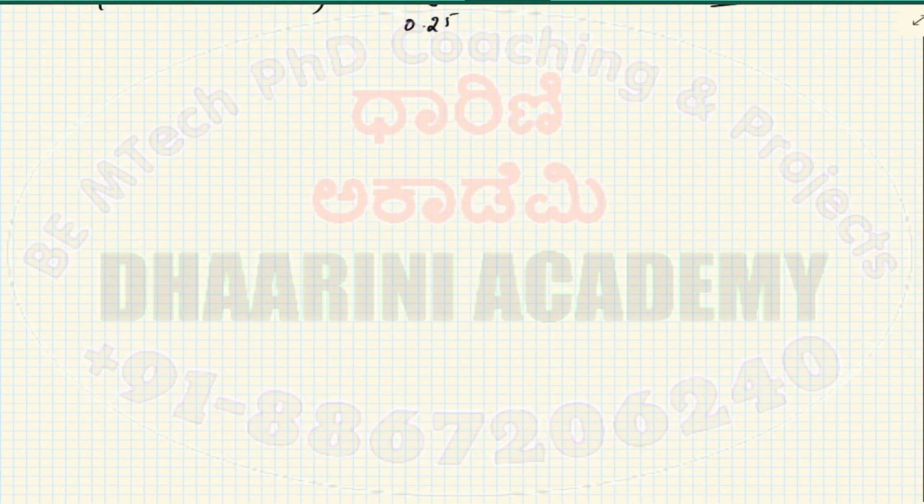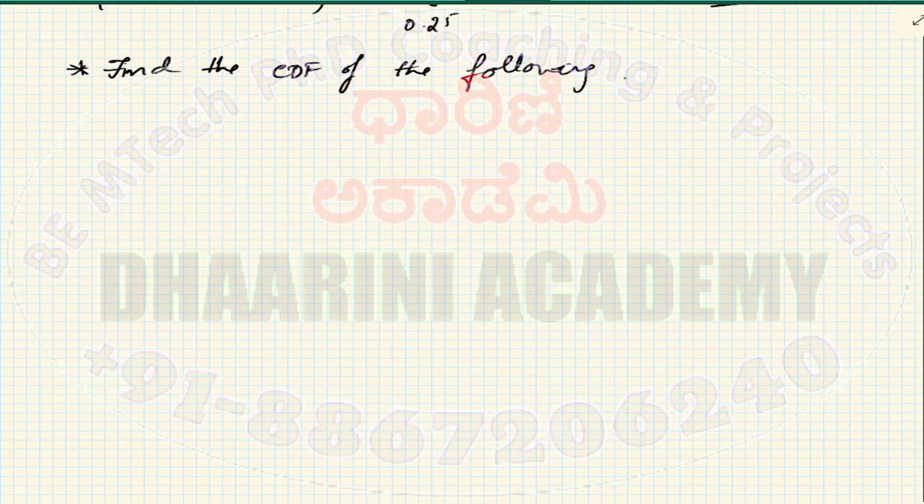Find the CDF of the following PDFs. So whatever has been mentioned here is a PDF, and we want a cumulative, correct?